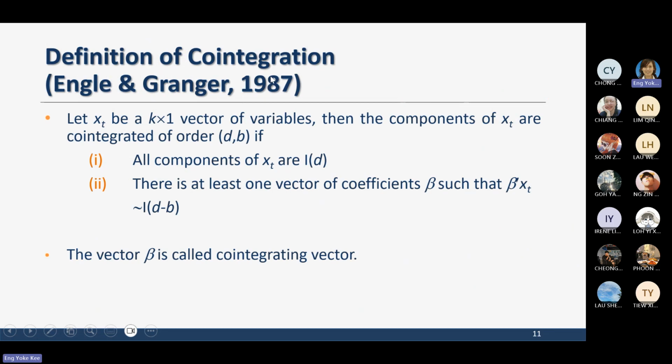Okay, so of course, statistically, we can define co-integration as such. Engle and Granger define co-integration from a statistical point of view.